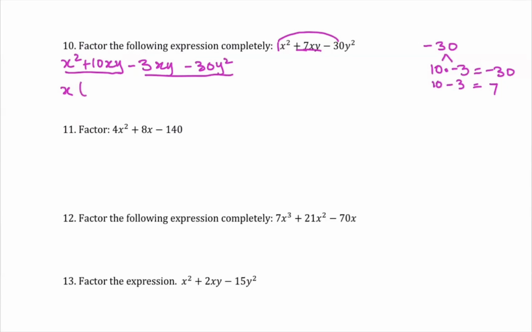So I'm going to factor out the x plus 10y. The second group, the GCF is negative 3y. So that is x plus 10y. Then factor out the x plus 10y, and what's left is x minus 3y.